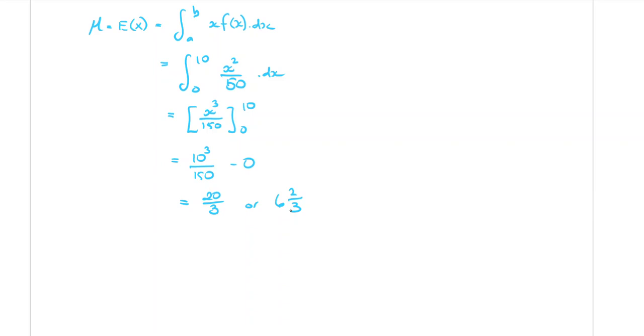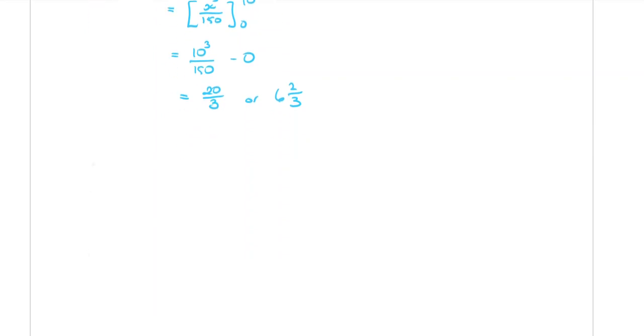Okay, so now we need to use that to find our standard deviation. So variance, or standard deviation squared, sorry, sigma squared, is equal to the integral between a and b of x squared f of x dx minus mu squared. Just like that formula for integrating, because it's not as much expanding and other stuff that you have to do.